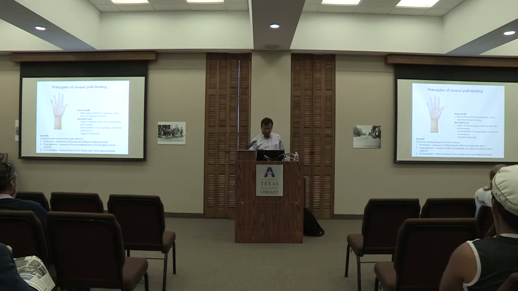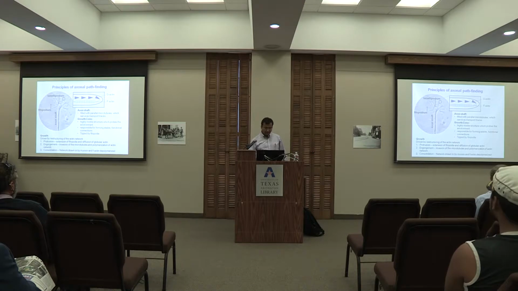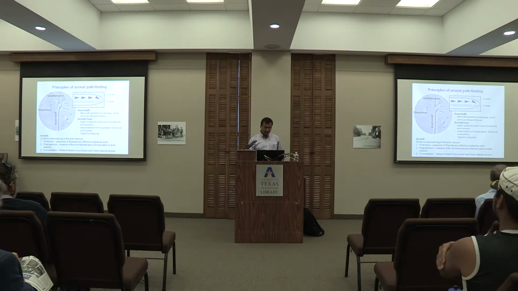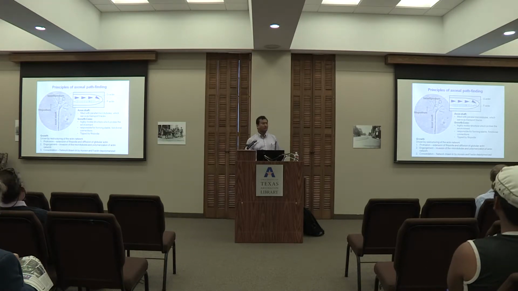What is the detail, how does it happen inside? A lot of processes happen inside. This is how the real axon looks, the real hand of the neuron. Each of these small structures, hundreds of them, is about 50 nanometers thick, and inside them a lot of processes are happening.